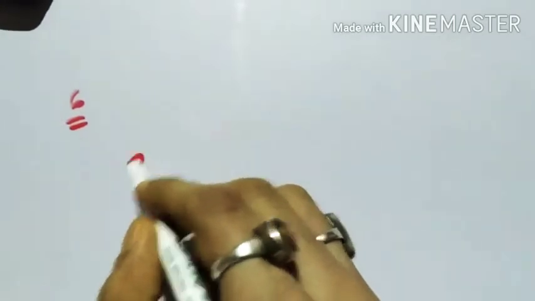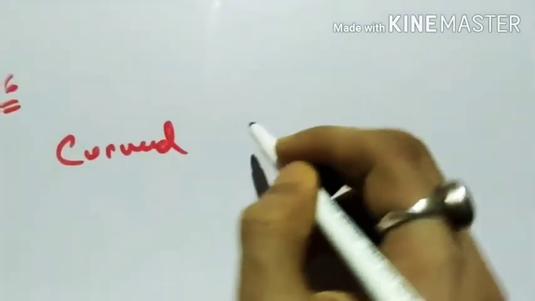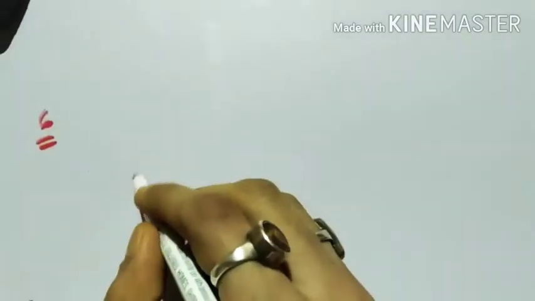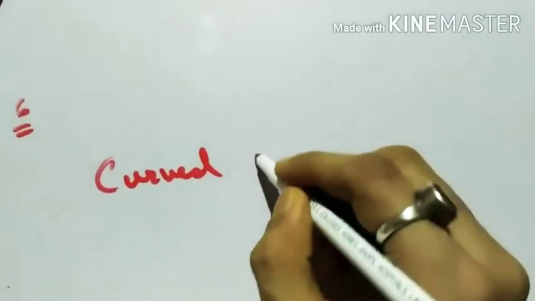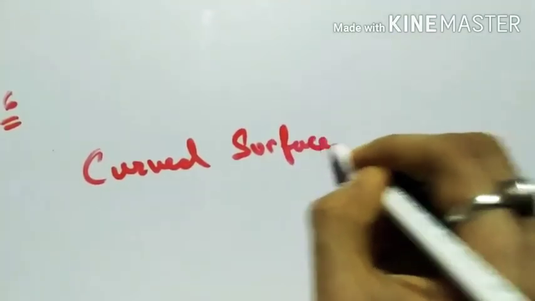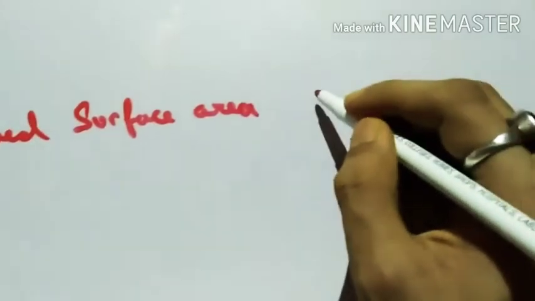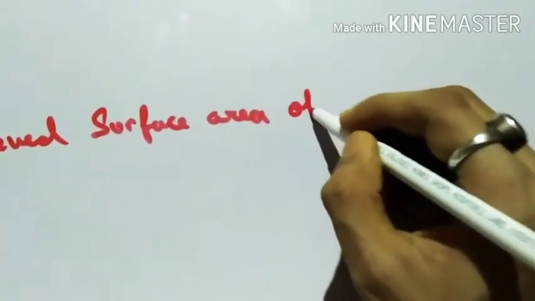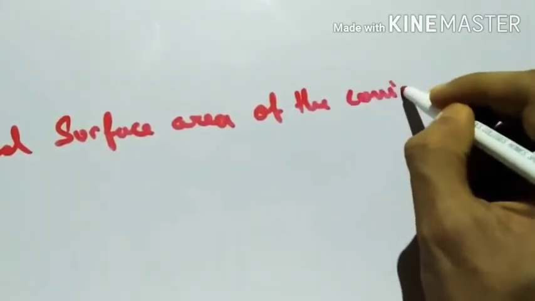Okay, so first of all, question number 6, I have to find the curved surface area of the conical tomb.